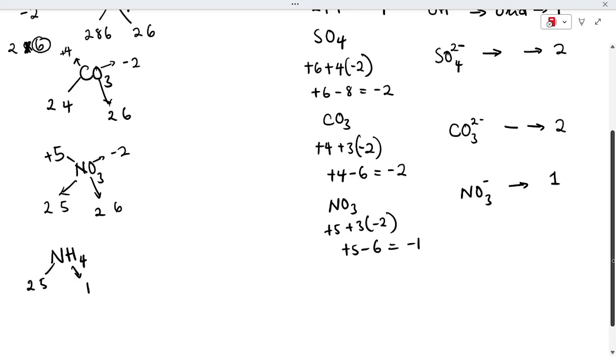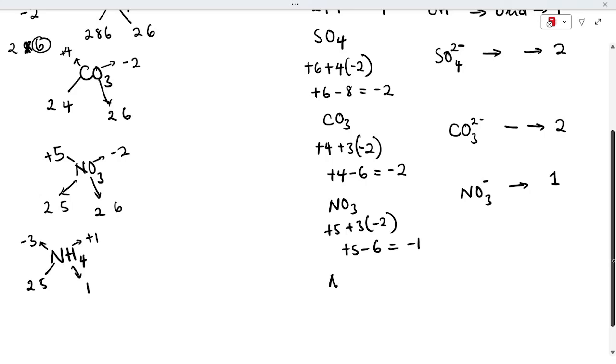So you can see, for the one that wants to complete its shell, you ask how many it needs. The one that is losing, you ask how many it has to lose. To complete its octet, nitrogen needs just 3. That means it's going to be gaining 3, so nitrogen becomes -3. As for hydrogen, it is losing its 1, so it becomes +1.